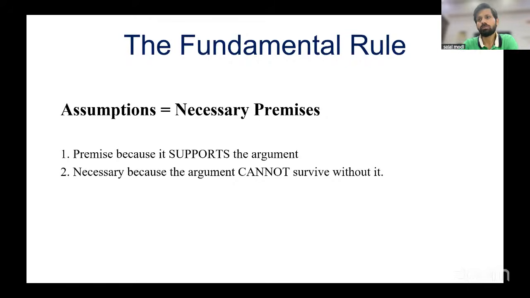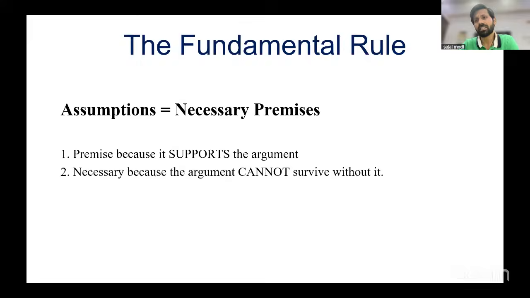Assumptions are equal to necessary premises, right? So every time I do an assumption class, I tell people to start linking these two words very closely: assumption and necessary. They always go together in the context of the questions that we get in CLAT and AILET. Premise, because an assumption supports the argument, just like a premise does.